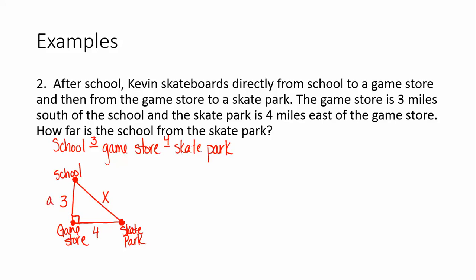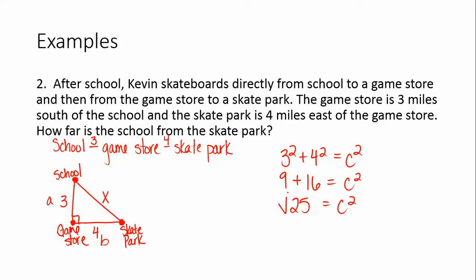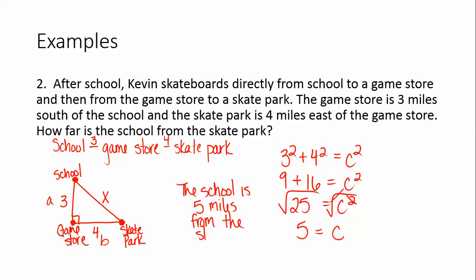I'm going to label this side a and this side b. That's 3 squared plus 4 squared equals c squared. So 9 plus 16 is 25. When you square root both sides, we get that c equals 5. So the school is 5 miles from the skate park.